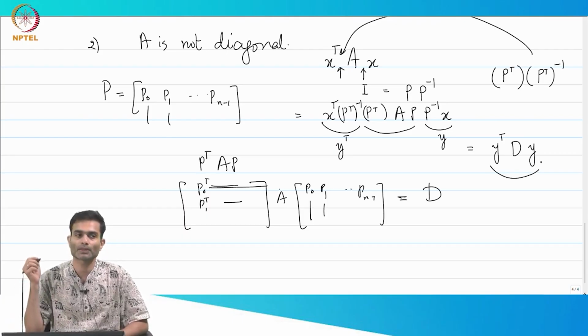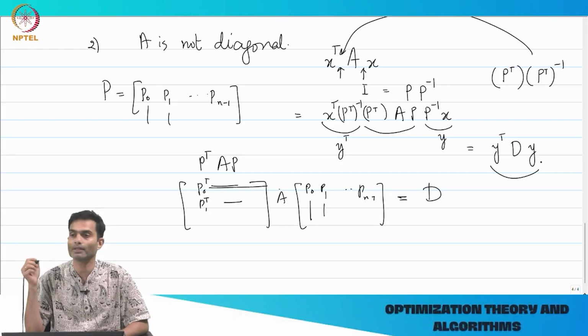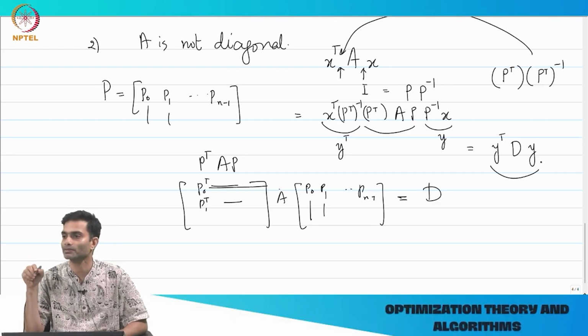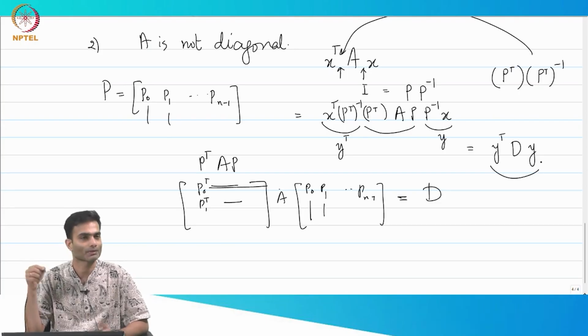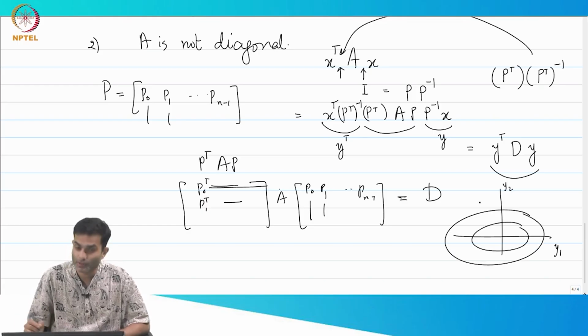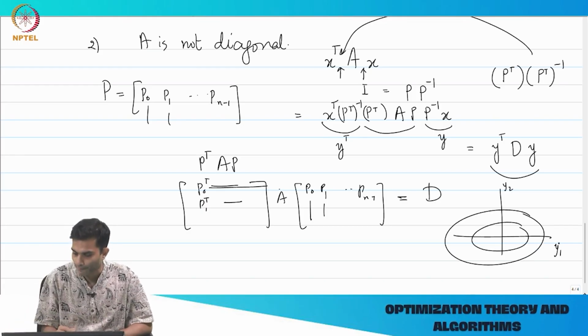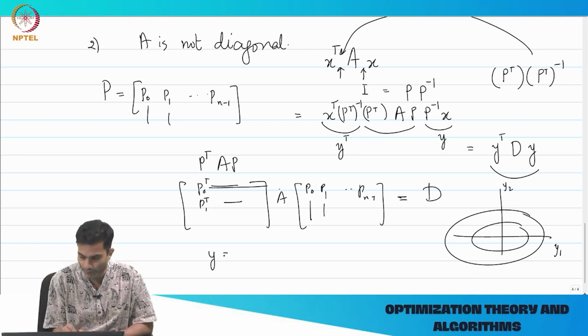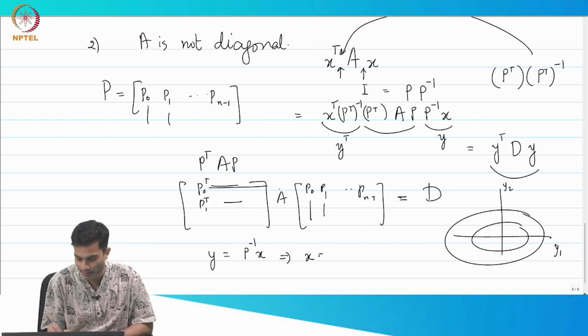This looks like case 1, right? In the Y coordinate axis, what shape is it? An ellipse, right? So if I were to plot this along Y1, Y2, I'm going to get ellipses, right? And we already have Y equal to P inverse X, which implies that X is equal to P times Y.